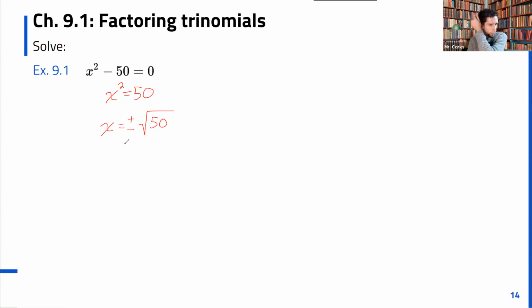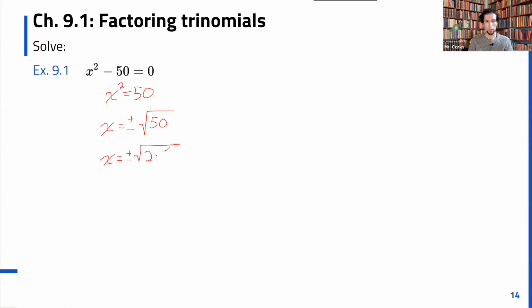And we can reduce that a little bit. This isn't a perfect square here, but we can do a little bit with this. So what could we reduce this to? Let's split it up. 5 times root of 2. Okay, that's the one I was thinking of.